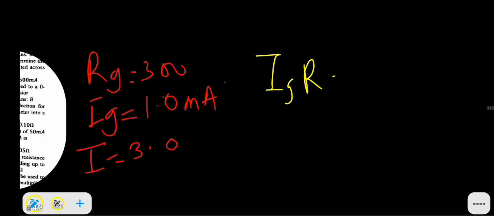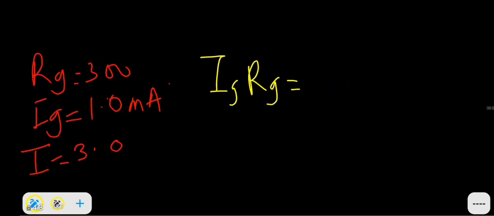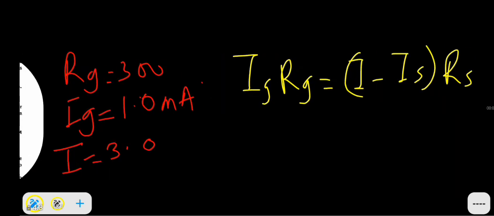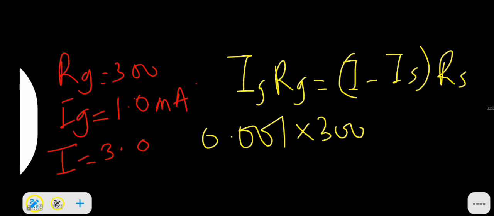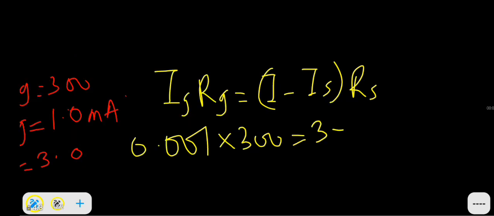IG RG is equal to I minus IG, RS. So IG is 1 milliampere, which is 0.001. RG is 300, it's in the question. So I is 3 minus 0.001, multiplied by RS.